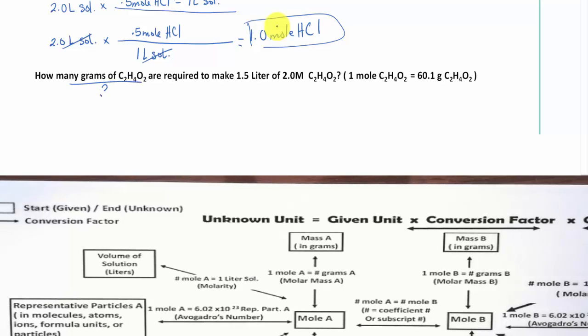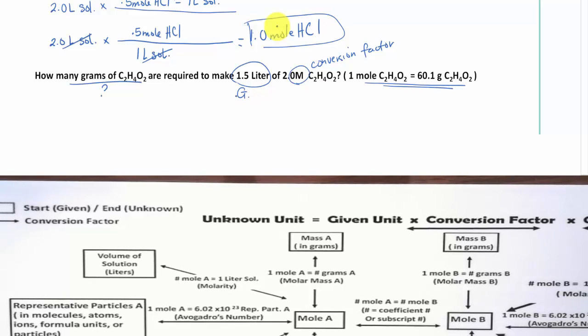And we are given 1.5 liters. Every time you see molarity, just like you see molarity up there, that is your conversion factor. So keep that in mind. That's the tricky part. Some of you might think that 2.0 molarity is actually your given, but it's given as a conversion factor, just like how I gave you your molar mass right there. But this is truly your starting point right there.